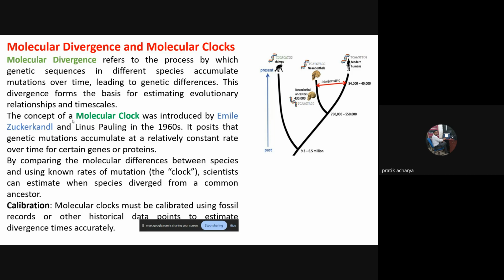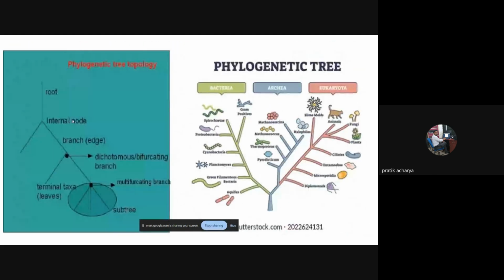Molecular divergence refers to the process by which genetic sequences in different species accumulate mutations over time. If we are discussing the phylogenetic tree, just look at this picture.